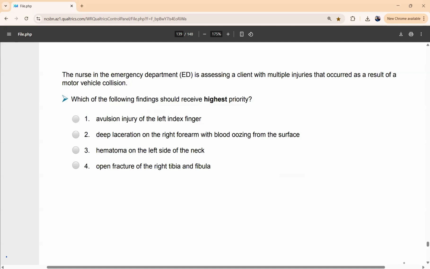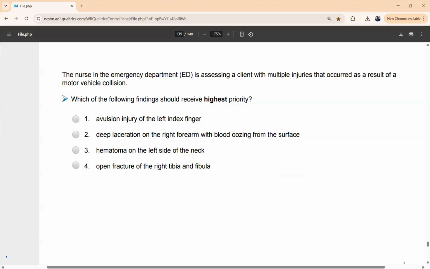This is the same thing as you mentioned, to monitor the ones that you see that the conditions are worst. That falls under those level 1, 2, and 3. So 1, avulsion injury of the left index finger.